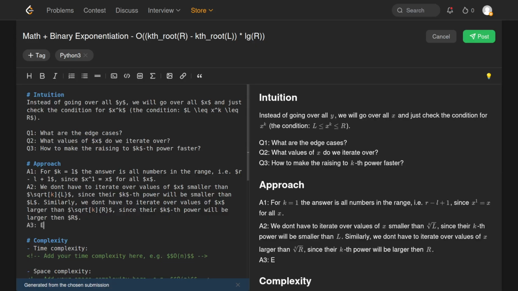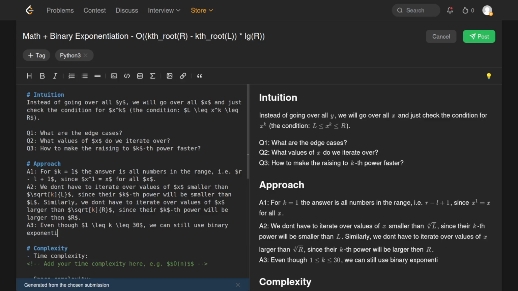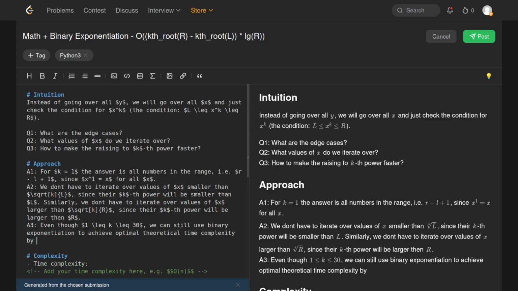Answer 3: even though k is small, like 30, we can still use binary exponentiation to achieve optimal theoretical time complexity.